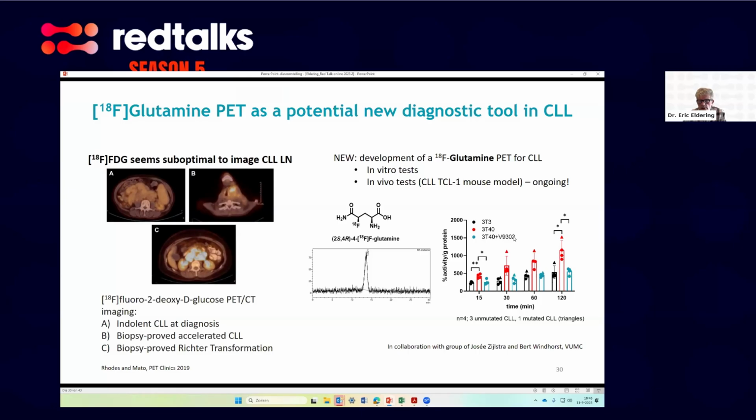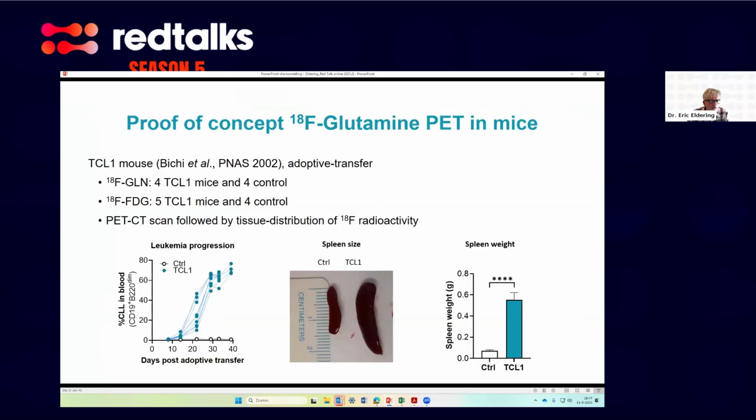And this can be blocked with this inhibitor, again showing specificity. So we now had proof that we can use this fluor-labeled glutamine to label CLL cells in culture. And recently we finally started using mice to do PET imaging.